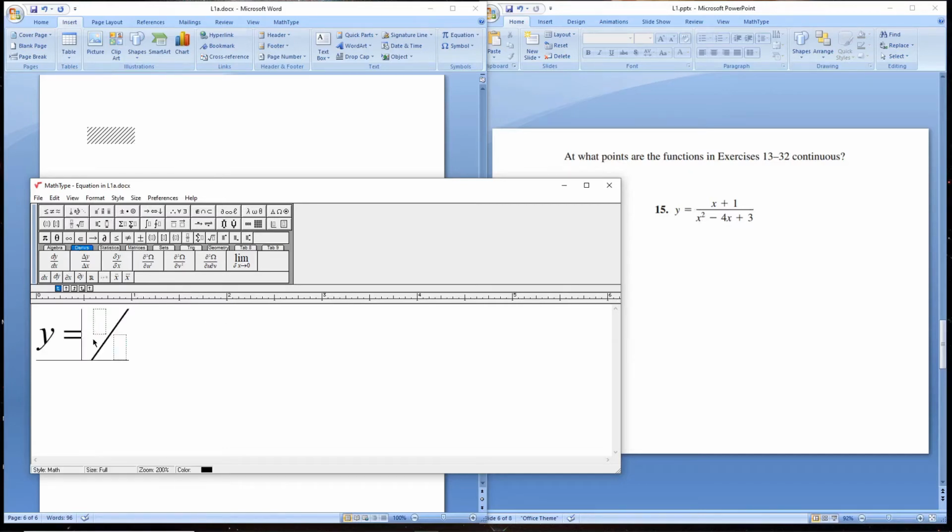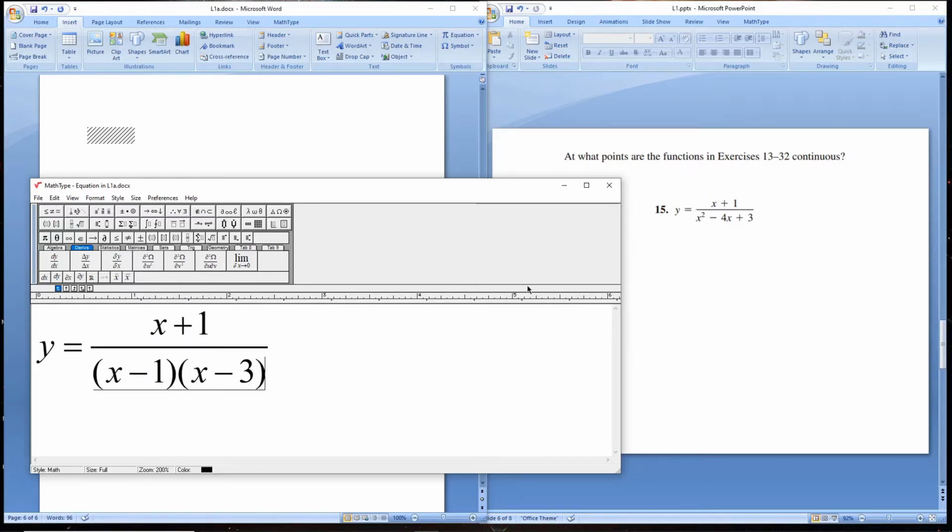And how are we going to do that? Well, we're going to factor. So if we look at the bottom here and factor that, where do we have division by 0?